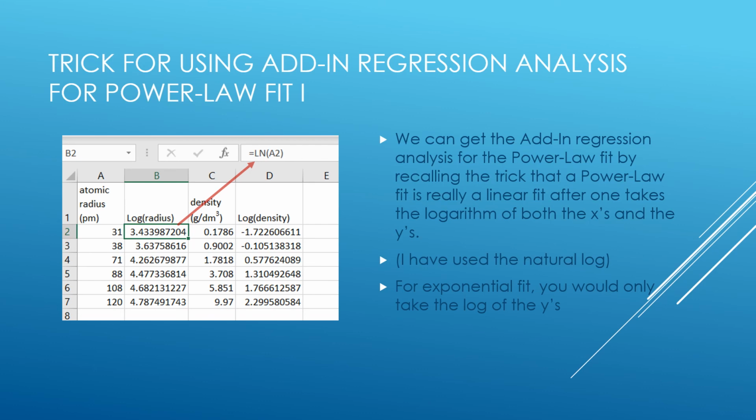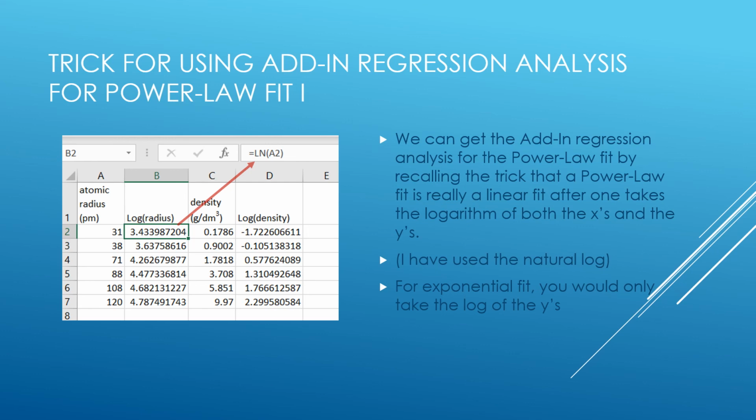Again, the add-in regression analysis tool is set up for straight lines, but we can get it to do a power law analysis if we remember the trick that a power law fit is a straight line fit after we've taken the logarithms of the x data and the y data. And so here we're setting up to do that.